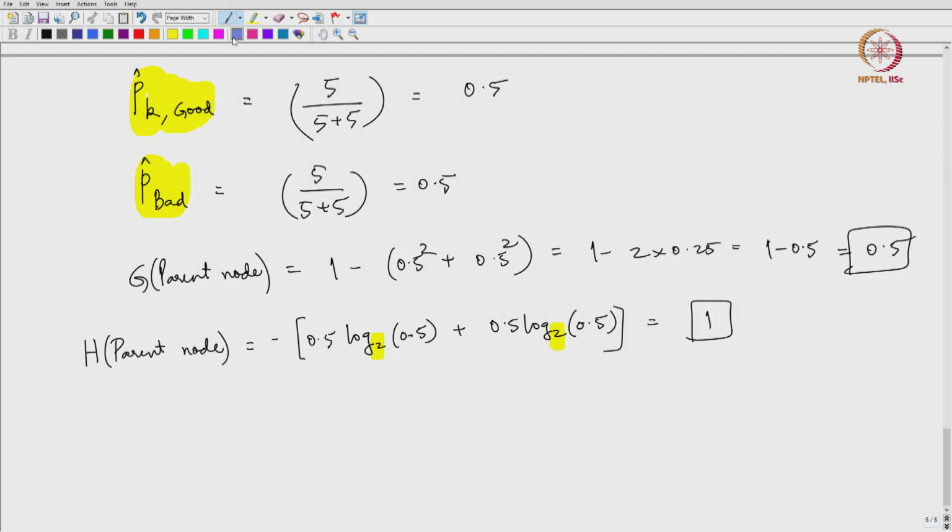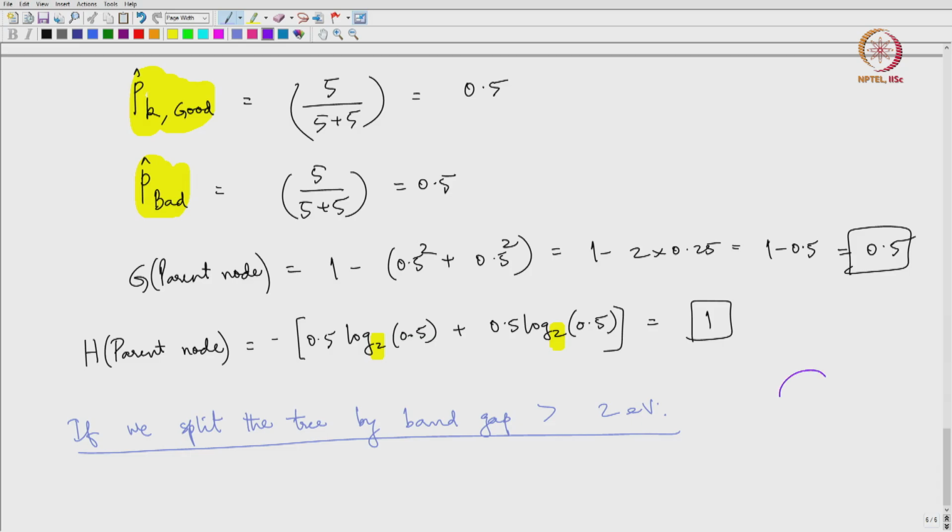Now, let us see what will happen if we split the tree by band gap. What will happen if we do the split using this particular feature? Like I said, you will have partitioned the parent node into two regions.